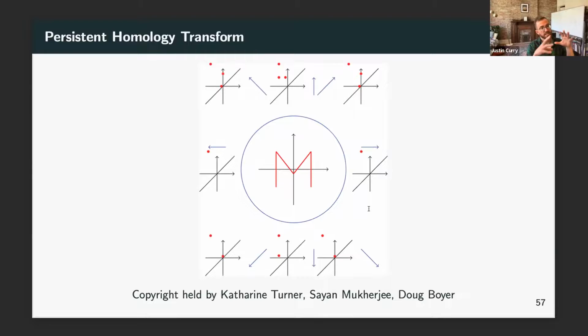And the idea here is that our data sets are going to be subsets of R^d. Here I'm going to think of the letter M as an instance of a data set, and I'm going to study it by picking a direction and scanning in that direction, sweeping and taking persistent homology. If I look in this direction, I'll see only one component born, which is this side of M, and then nothing else happens.